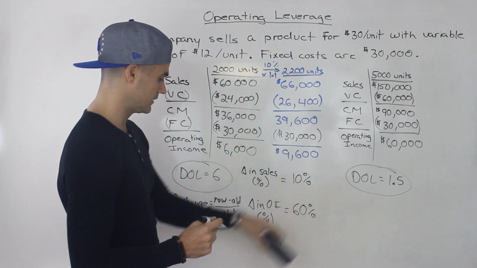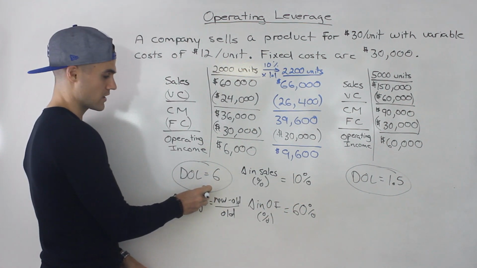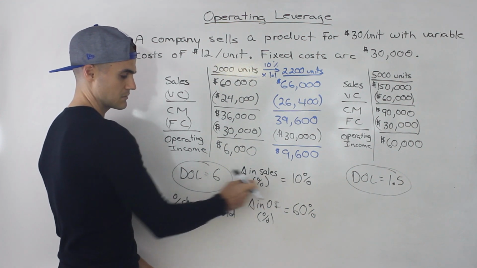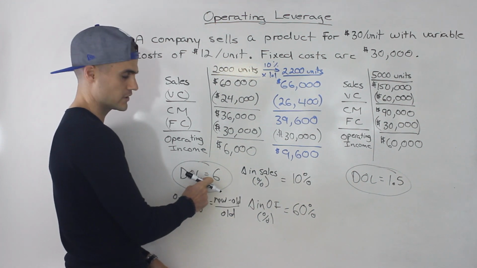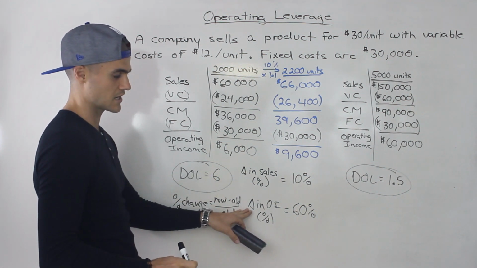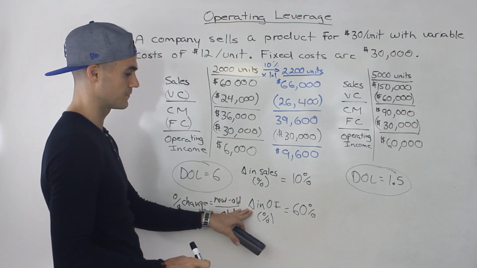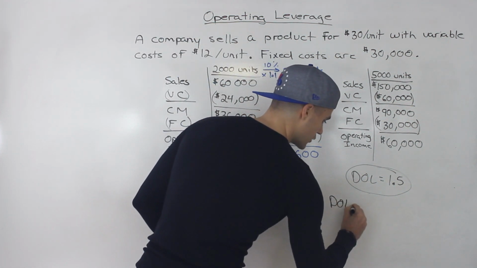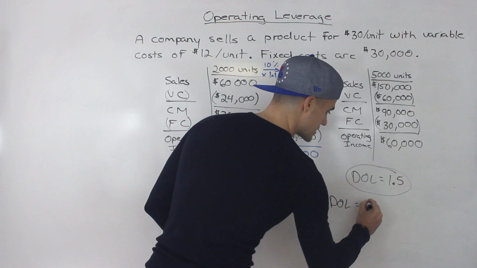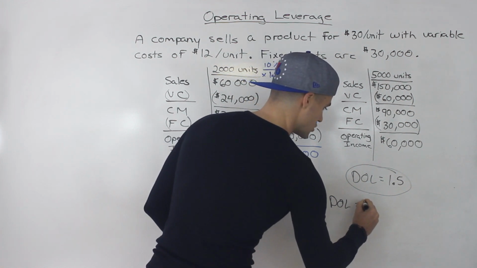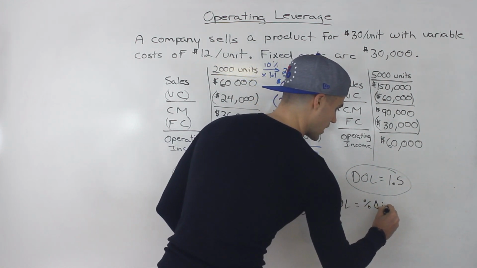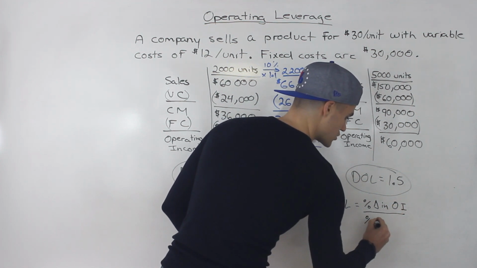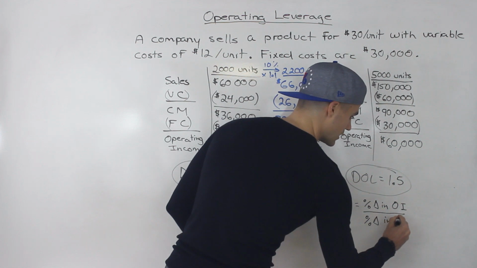And how do these relate? Notice with the degree of operating leverage. So if we take the percentage change in sales, multiply it by the degree of operating leverage of 6, we would get the percentage change in operating income. So another way to look at the degree of operating leverage is basically the percentage change in operating income all over the percentage change in sales.